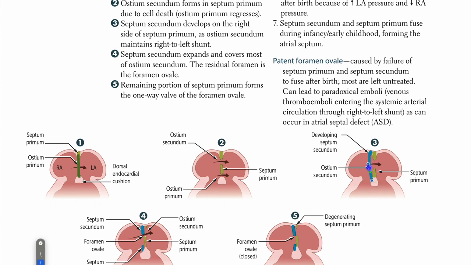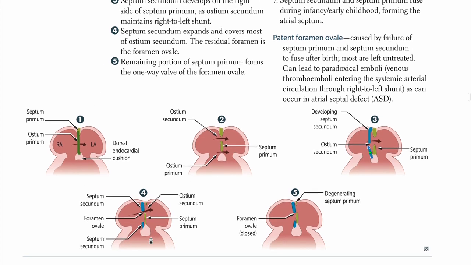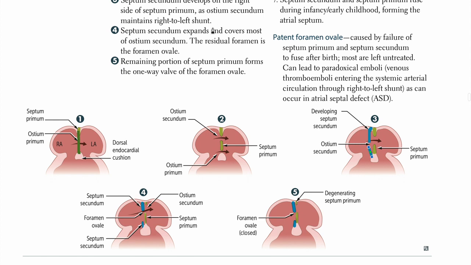So as this is developing, right, there's still some gap here, so the blood's still going to flow through here to here. Okay. So over here now, septum secundum expands and covers most of the ostium secundum, right? So this was ostium secundum, so it's going to come in and block that up to there. The residual foramen is the foramen ovale.